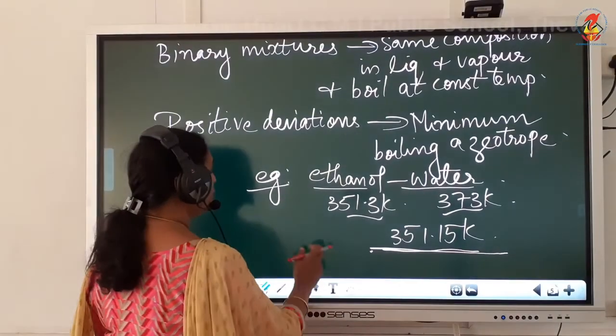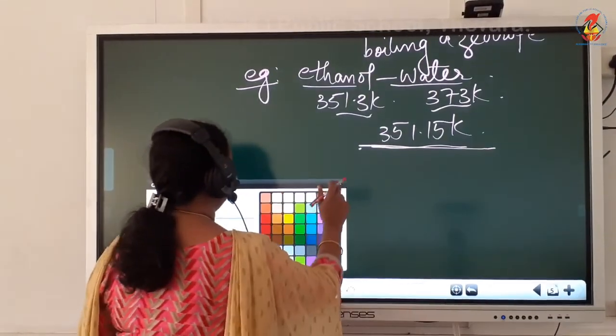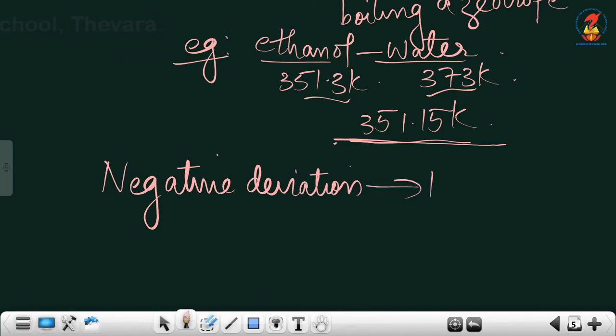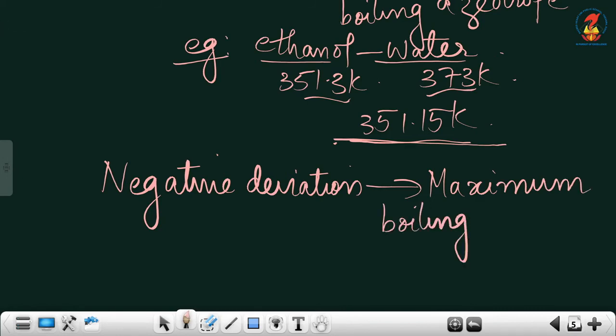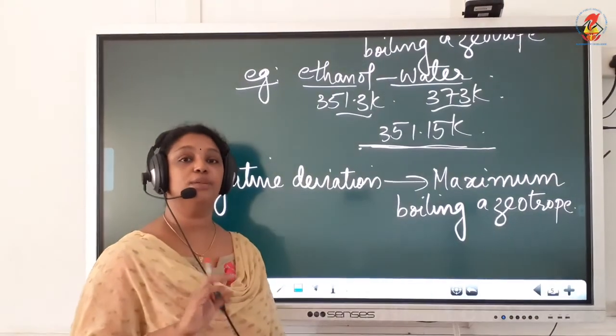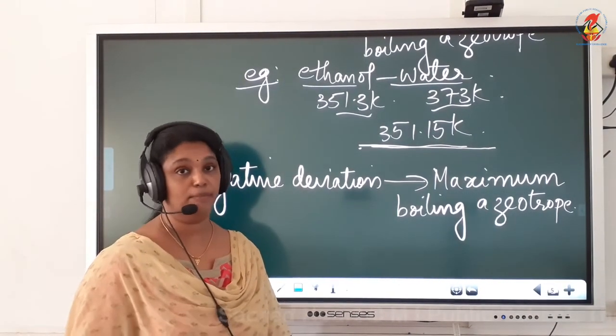Now, solutions which show negative deviation from Raoult's law will form maximum boiling azeotrope. Maximum boiling azeotrope means their boiling point will be higher, which means the vapor pressure will be lower. So the relation between vapor pressure and boiling point is inversely proportional.